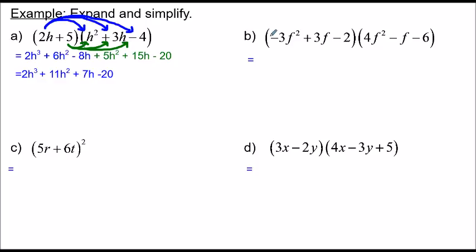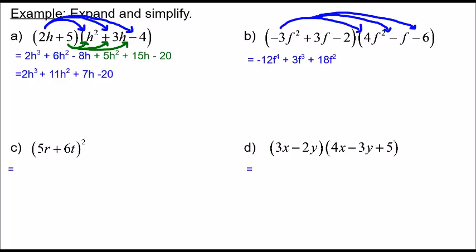So we're going to have negative 3f squared times 4f squared, negative 3f squared times negative f, and negative 3f squared times negative 6. When I do that, I'm going to get negative 12f to the 4 plus 3f cubed plus 18f squared.